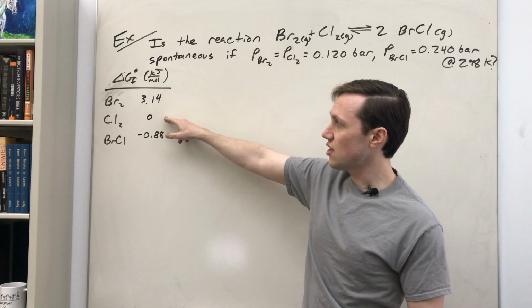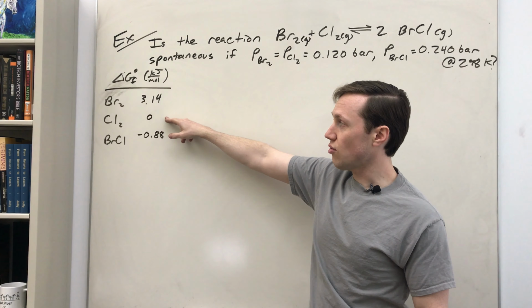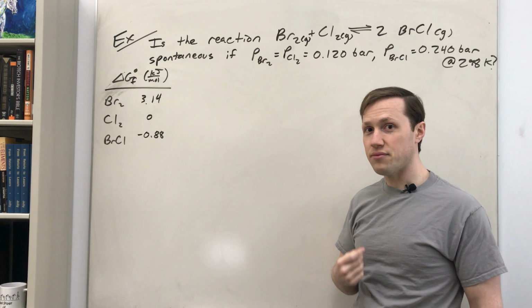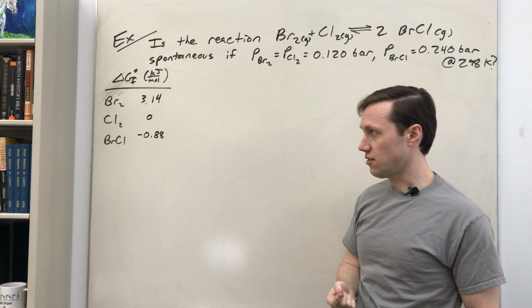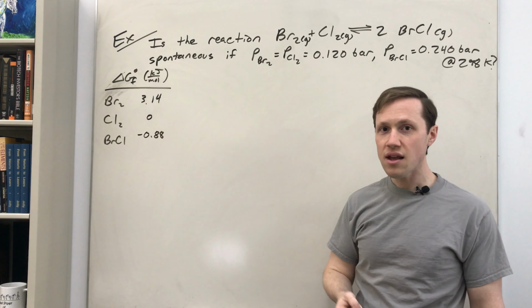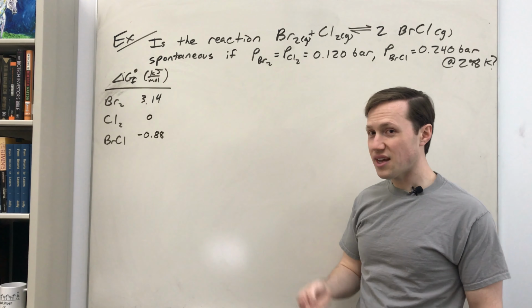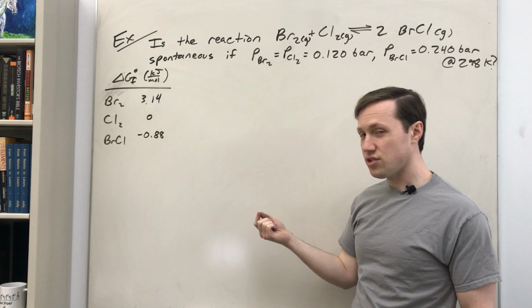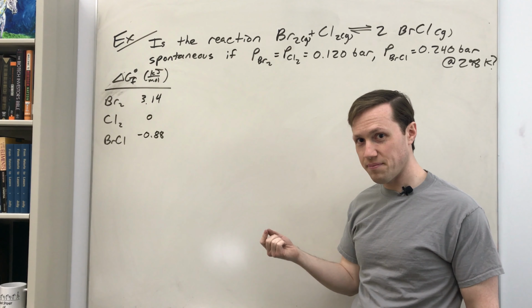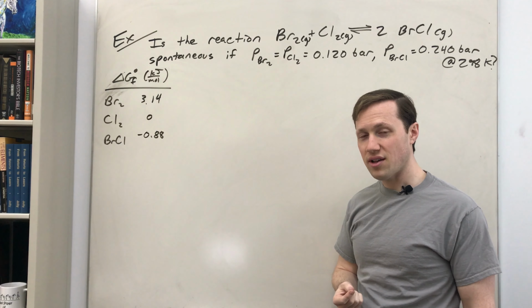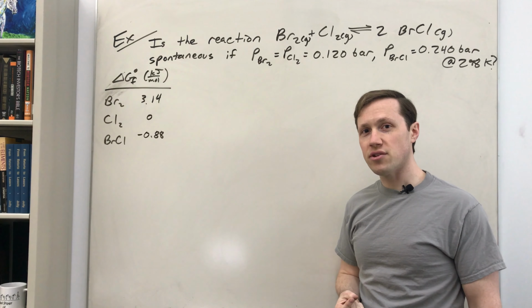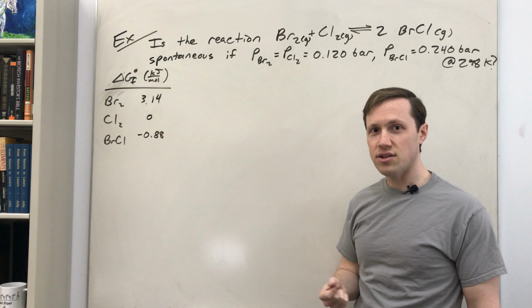You'll also notice that our chlorine gas has a ΔGf° of 0 because it is in its standard state. Using this, we can calculate our ΔG° of reaction. If you don't recall how to do that, you should look back in the last chapter and refamiliarize yourself with calculating ΔGf°.